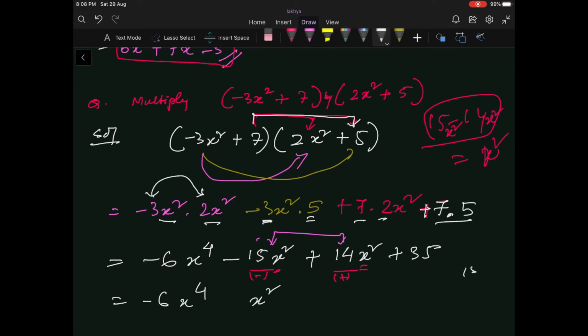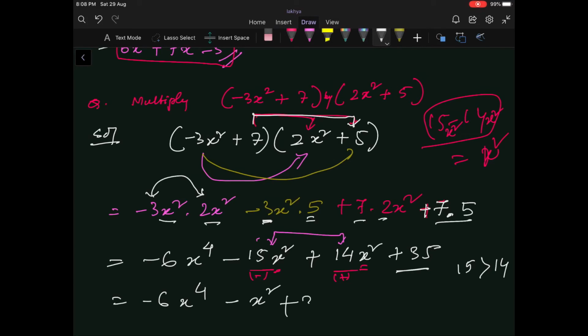We know that 15 is greater than 14, and the sign before the greater number is negative, so that's why the result must be negative. Hope you have understood this. Then what are the remaining terms?